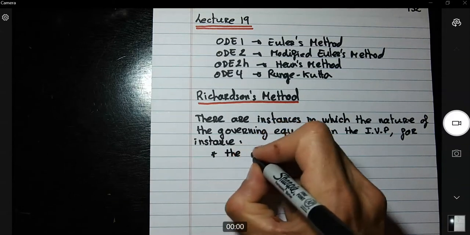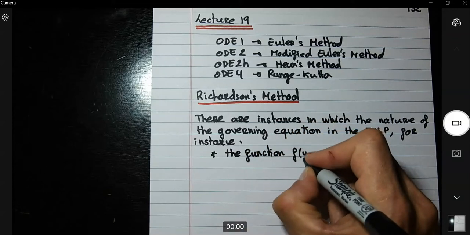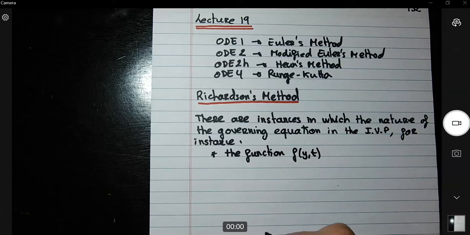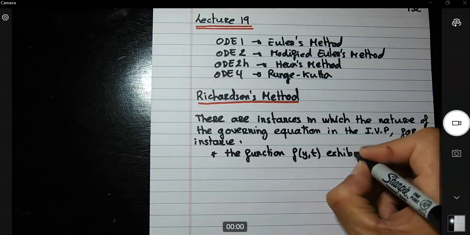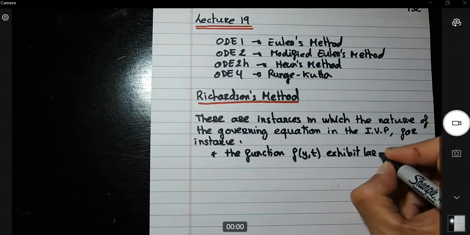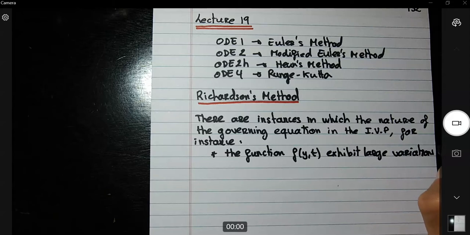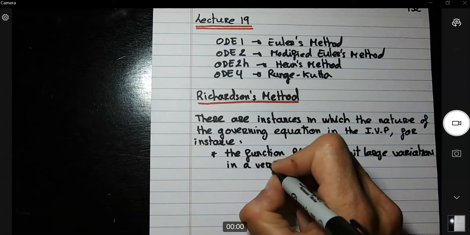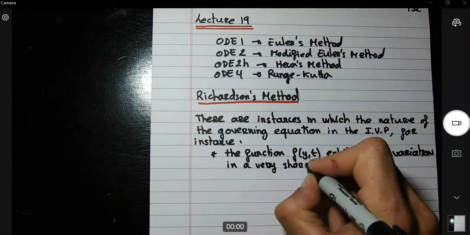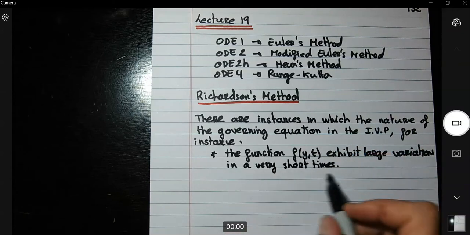The function y of t exhibits large variations in a very short time. Okay, this is the case we're going to study in more detail.